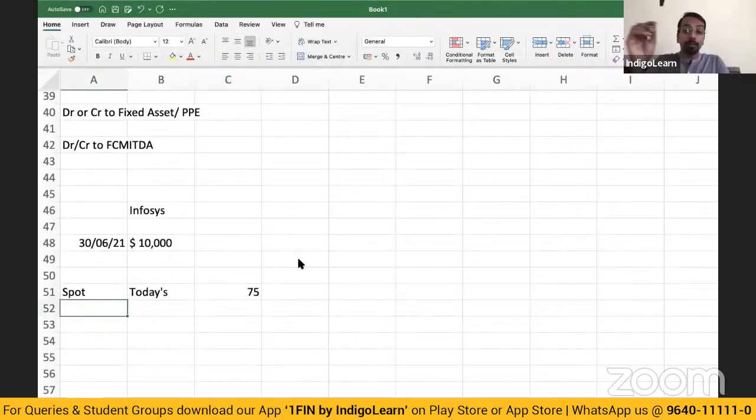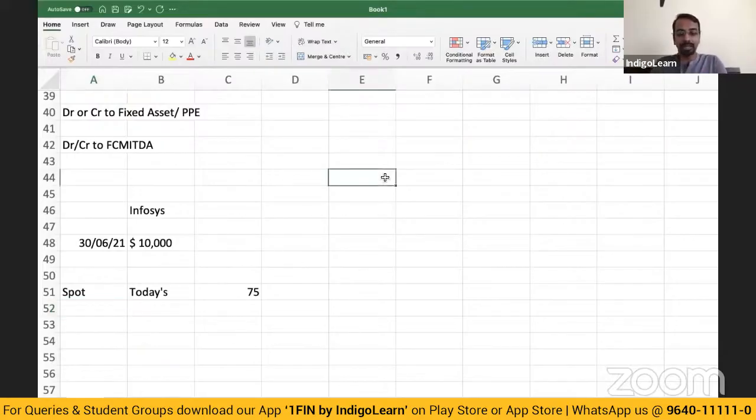Okay. In future, we do not know what will be the rate, but generally what happens is, because US dollar interest rates are lower, Indian interest rates are higher, also inflations are different, purchasing power parity is also different. Because of all of these reasons, don't worry, you'll understand this in CA final. The INR would depreciate against the US dollar. So if you see a trend, I was mentioning, right?